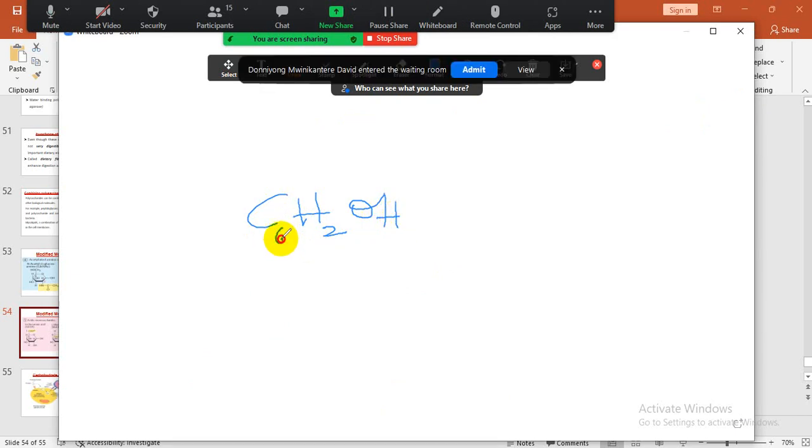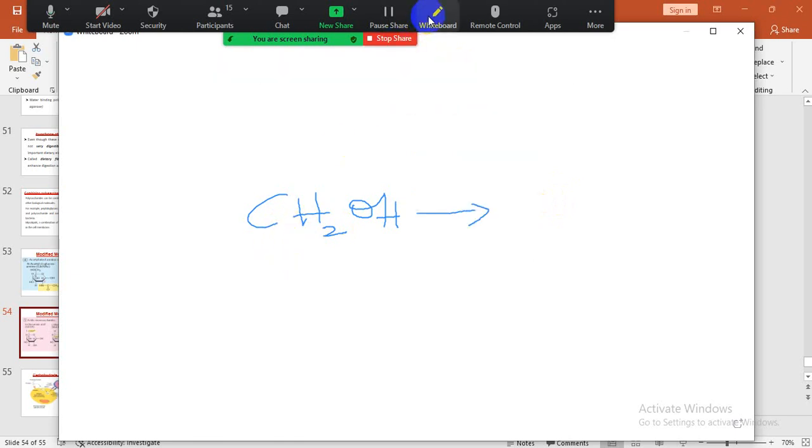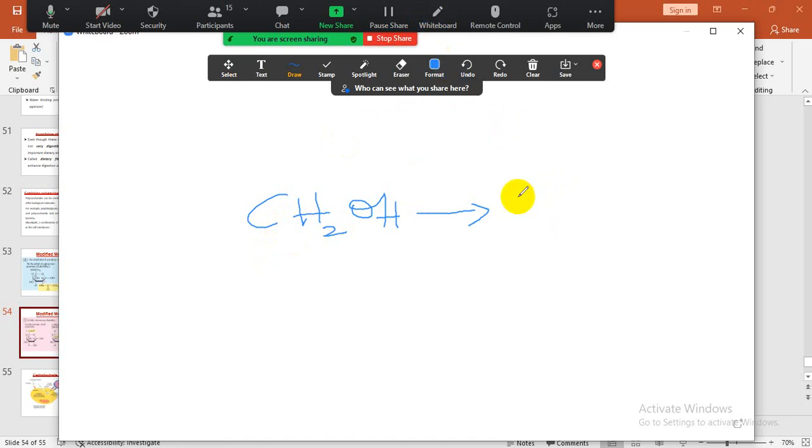This is carbon 6. So instead of the CH2OH on carbon 6, we have what? COOH or COO minus.